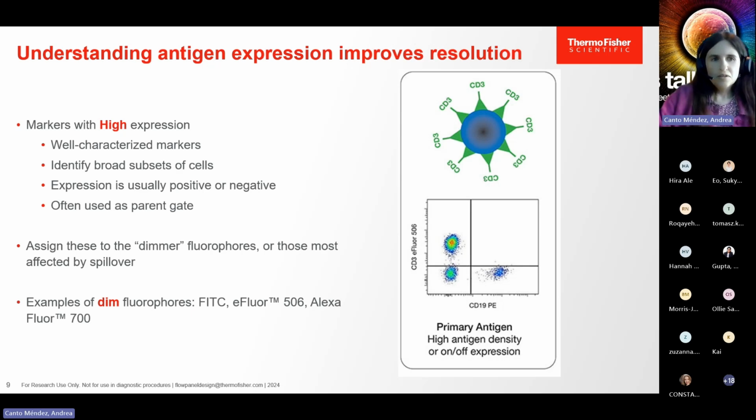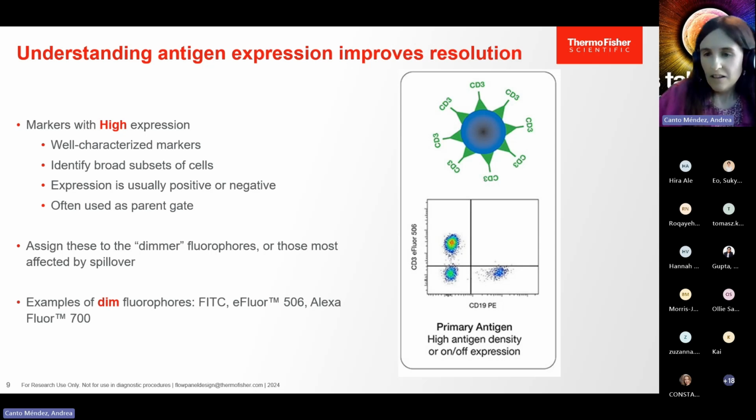As we said before, the high expressed markers are usually very well characterized and identified subsets of cells that are very broad and present at a high percentage in the cell sample. For example, this can be the case of CD3 in a PBMC sample from healthy humans. Of course, in a pathology, this can change.